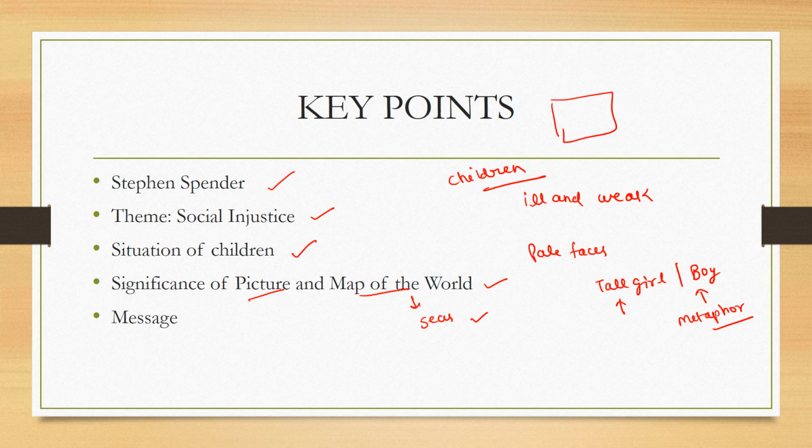Then what is the significance of this world map? Shakespeare is a symbol, representing the whole elite class. So there is no point in hanging these things on the wall, because the world of these poor children is very different from this world.